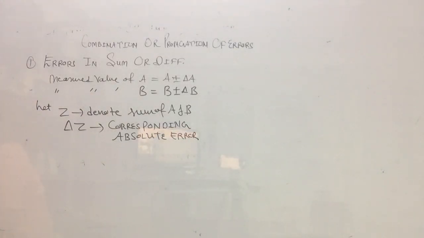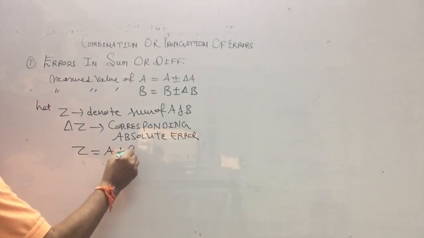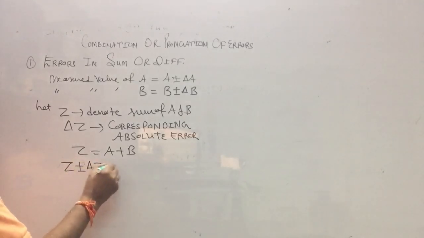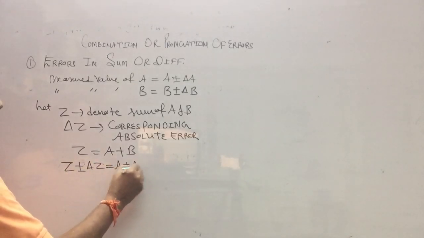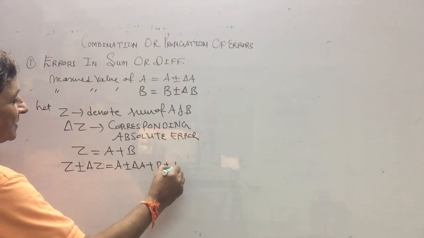Right? So clearly Z is equal to A plus B. Yes. तो Z plus minus delta Z, A plus minus delta A, B plus minus delta B.